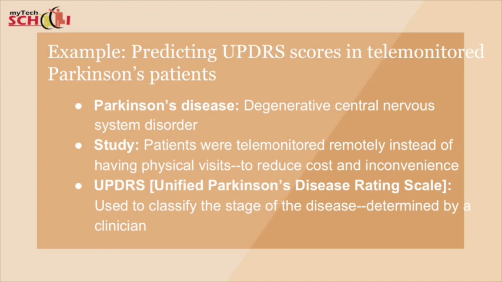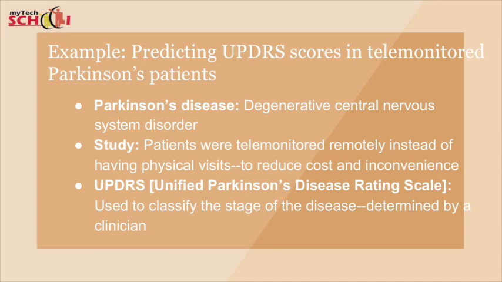For your first machine learning algorithm, we will try to predict UPDRS scores in telemonitored Parkinson's patients. Parkinson's disease is a degenerative central nervous system disorder. In this study, patients were telemonitored remotely instead of having physical visits to reduce cost and inconvenience.